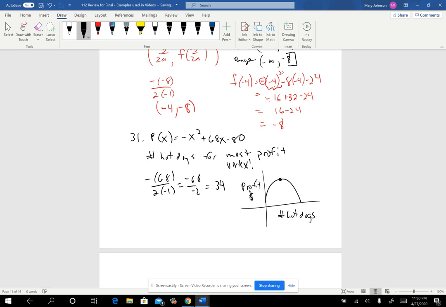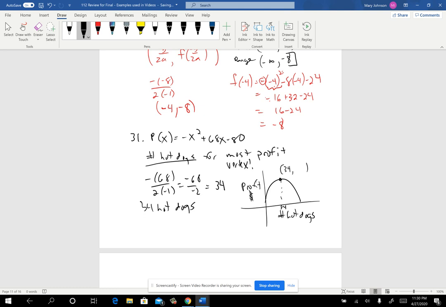And I'm trying to find that spot. The second you came up with the 34, you really don't need to go further because it just asked for how many hot dogs. So that's what the 34 would represent. So 34 hot dogs. Now, if they had then asked what the profit was, then you would plug in the 34 to figure that out.